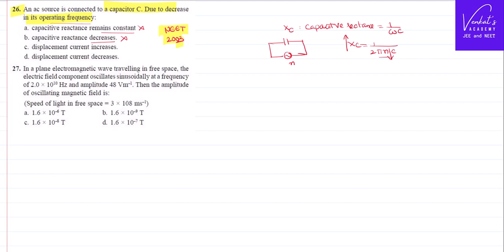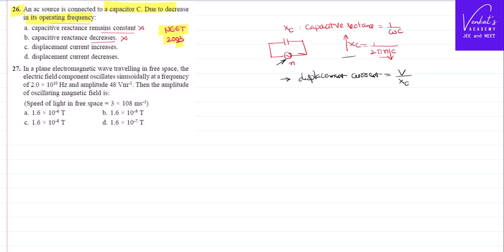Now what else we can also write is current, displacement current. The current that happens in the AC source is called displacement current. Like V equals IR, I equals V by R, we can write a formula here: I equals V by Xc, where V is the voltage in the circuit due to this AC source, and in the place of resistance I write Xc.